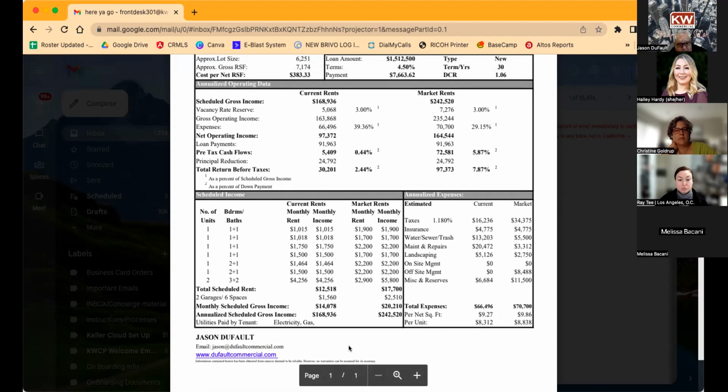There's a big difference. In fact, the scheduled gross income at the total at the bottom is now 168,000, 169, a year, versus what it should be, 243,000 a year.